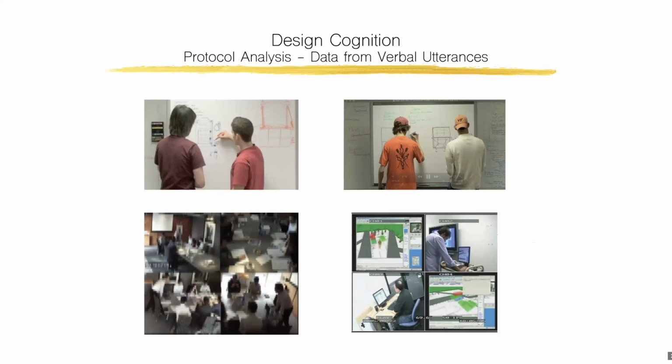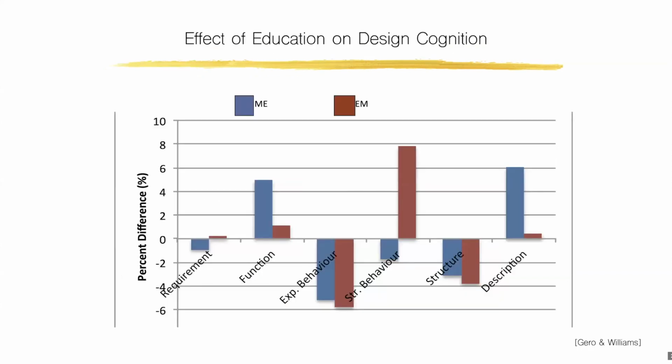And we did a lot of work in behavioral modeling, but I want to talk more about protocol analysis, data from verbal utterances. And here's an example of the kind of result you can get. Across the horizontal axis are some aspects of designing which come out of the function, behavior, structure ontology. The vertical axis is a percent difference.